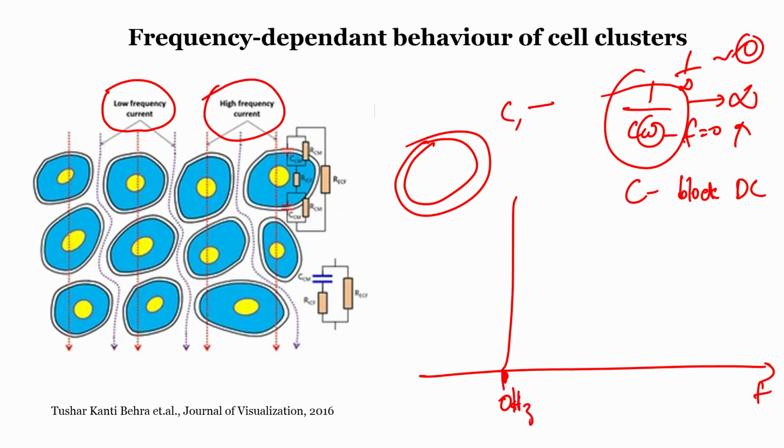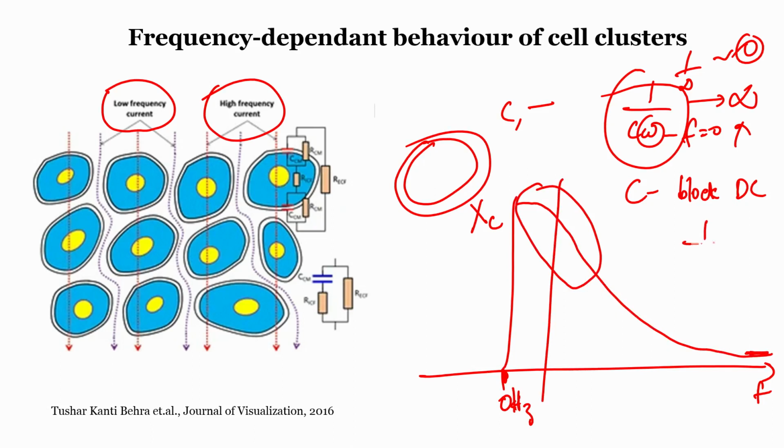Let us say this is the impedance of the capacitor: at very high frequency the capacitive impedance is low, at very low frequencies the capacitive impedance is very high, right. That means it is very difficult for the current to pass through at lower frequencies because of this 1 by C omega relation, which is very obvious, I think all of you understand.